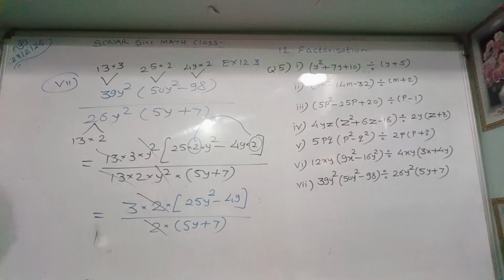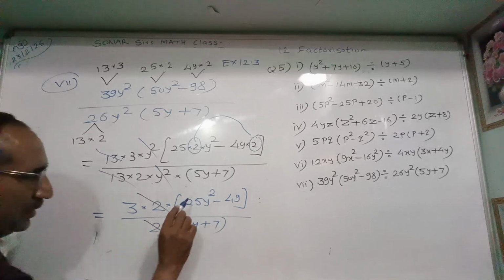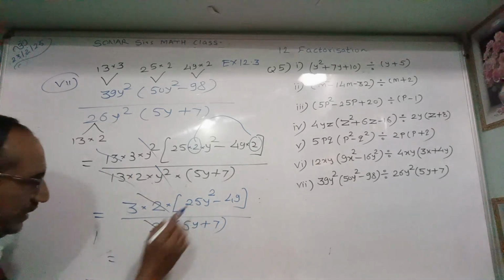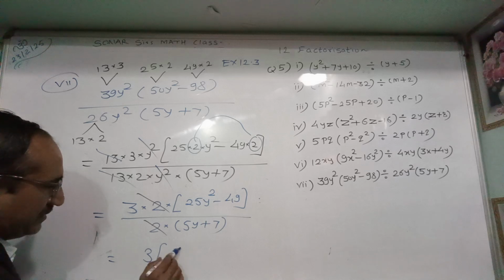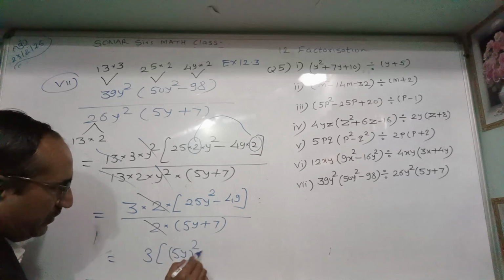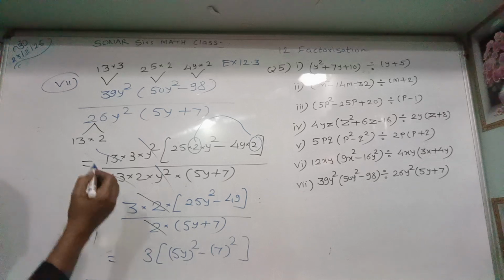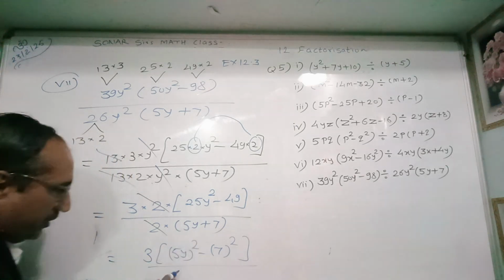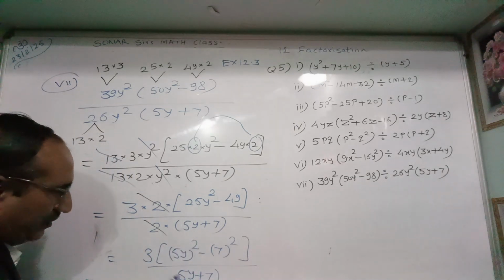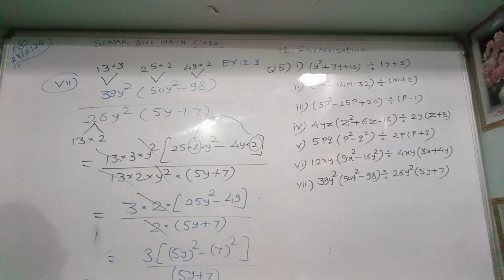Now we'll apply the identity. Here 25y square can be written as 5y in bracket square, this 49 as 7 square, and in the denominator 5y plus 7. Now see the last step of the question.